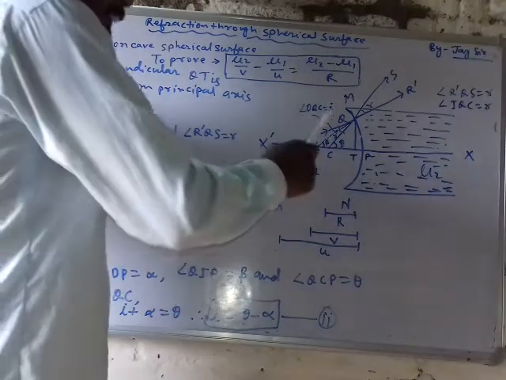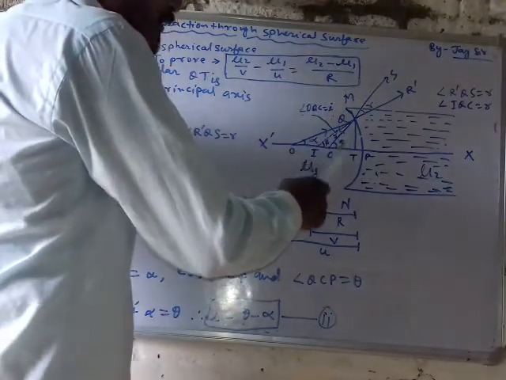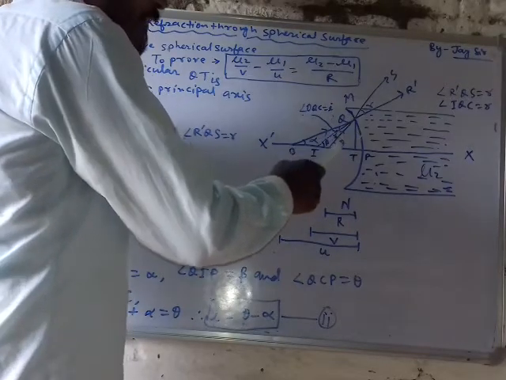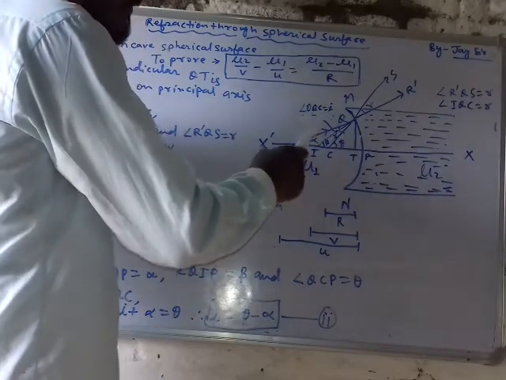Therefore the angle formed between this produced part and this side equals alpha plus i.